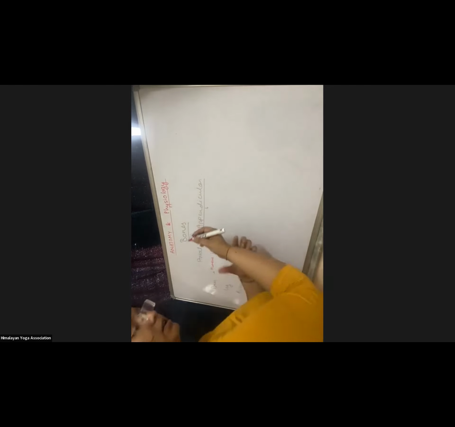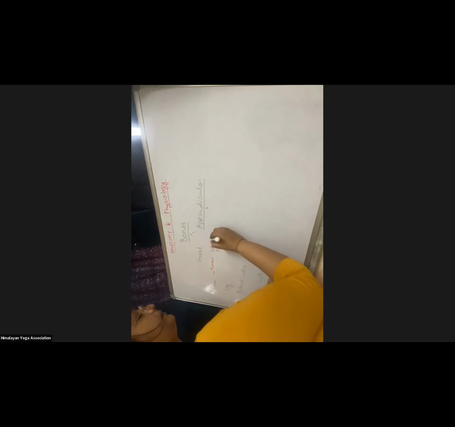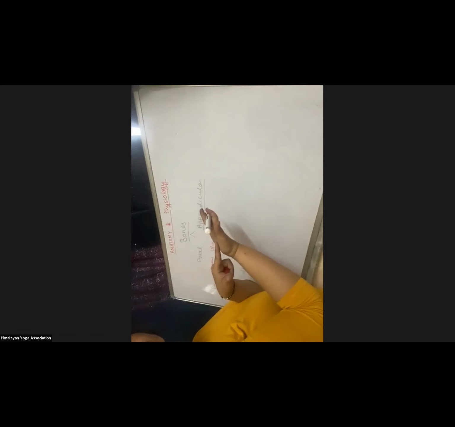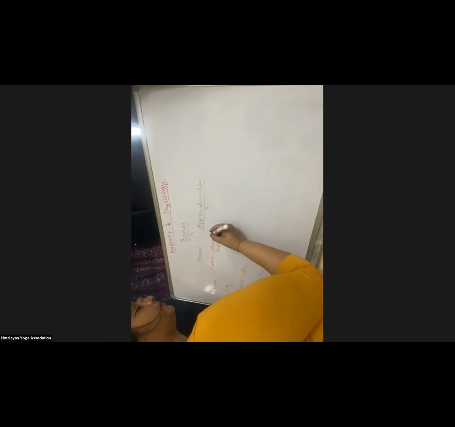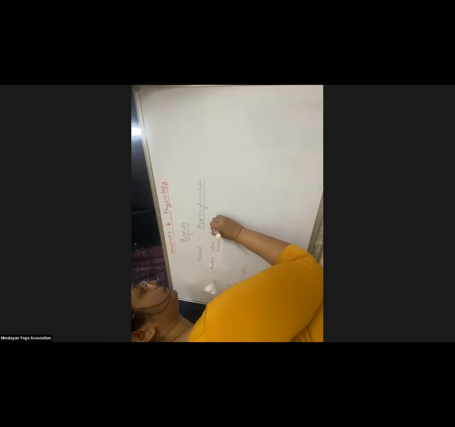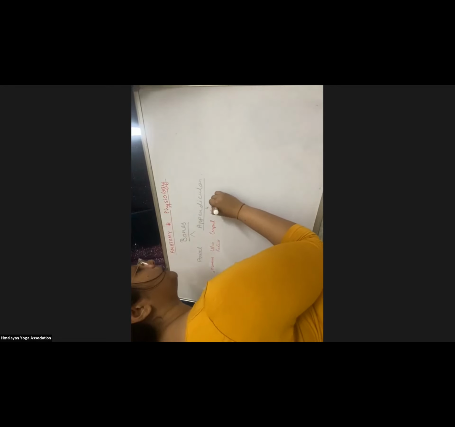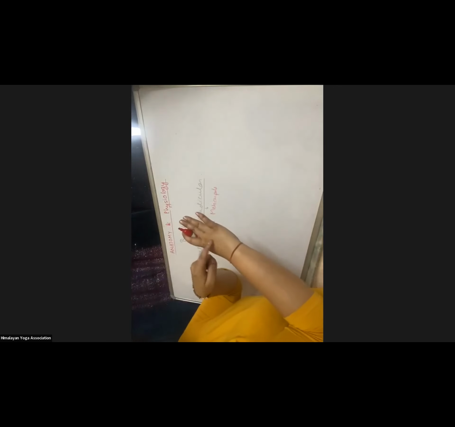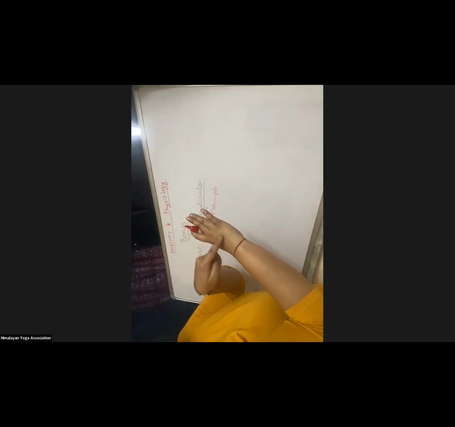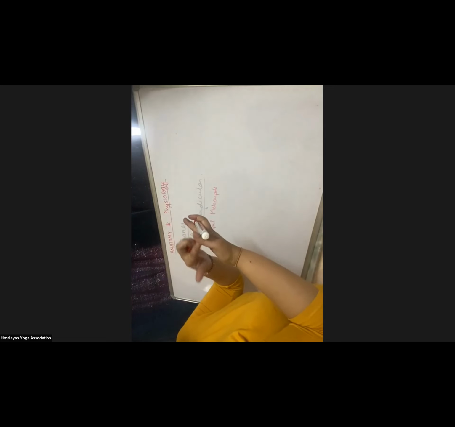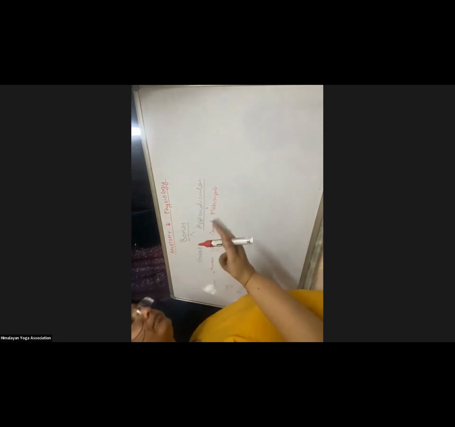Then here after ulna, what do we have? The wrist. Yes, here these bones. Carpals. And then we have metacarpals. Okay, what are these bones? Metacarpal. Yes. And phalangeal bones.